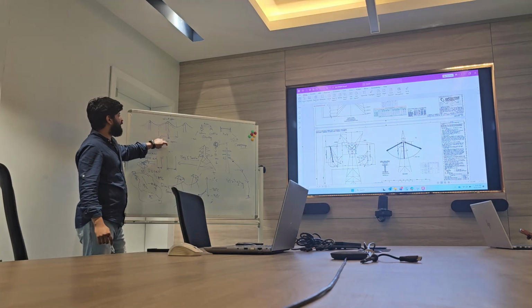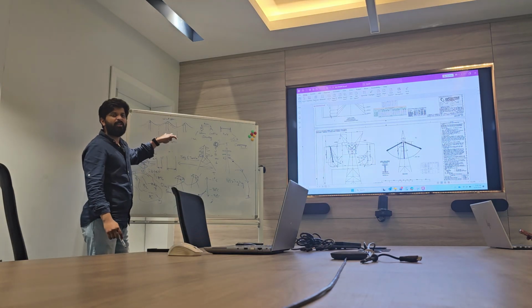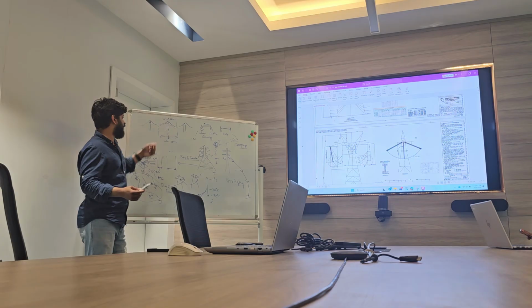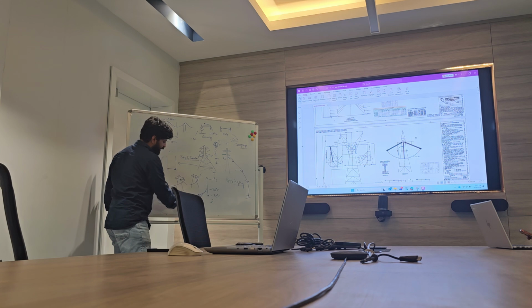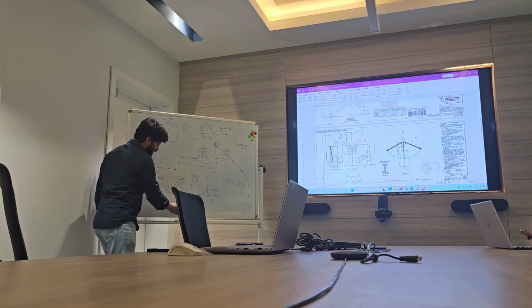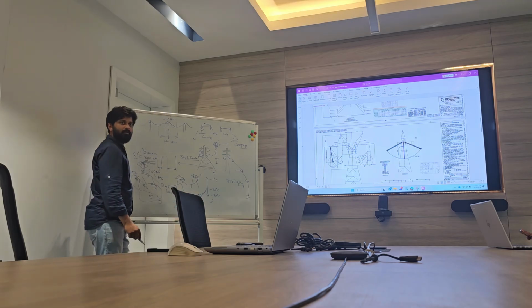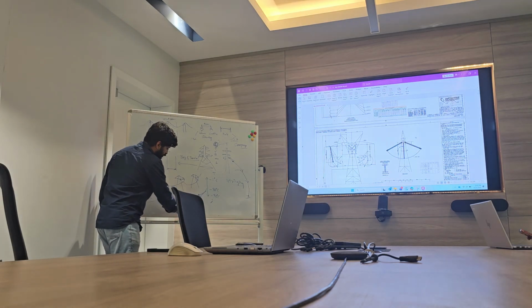Weight span can keep changing between tower to tower depending on the location, depending on slope. Here weight span will increase because of slope. There will be this center line, and the weight may come here. Sometimes the center line of this conductor may come here, so the weight span for this becomes too much.